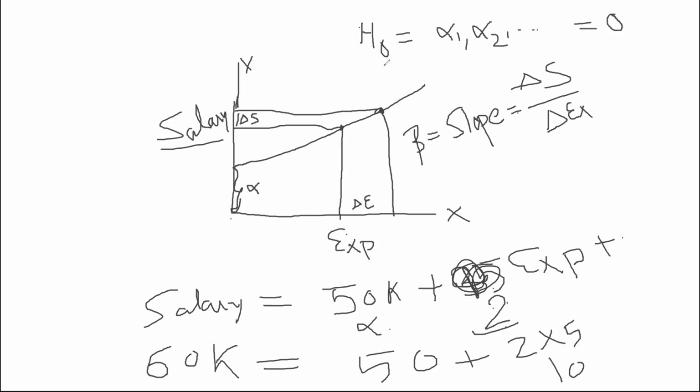And H1 says alpha 1, all are not equal to 0. That means if this constant is 0, that means this factor will not have any impact in the equation. So how can we check?